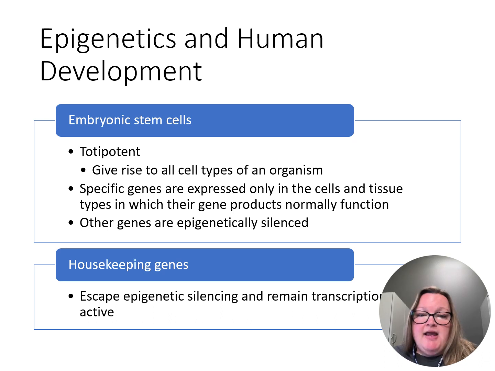They remain transcriptionally active in nearly all of our cells. They are not affected by methylation and they cannot be silenced. So knowing these things, in what stage of human development do you think that epigenetics has the most impact? That would be in utero, when our stem cells are deciding what cells they are going to specialize into.